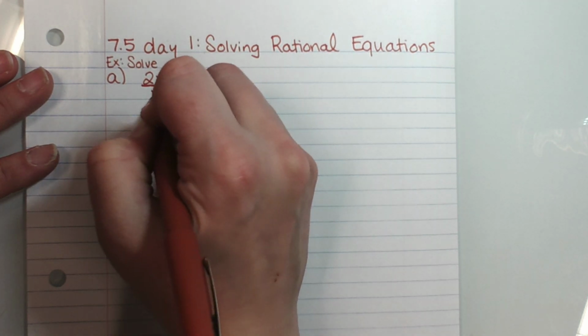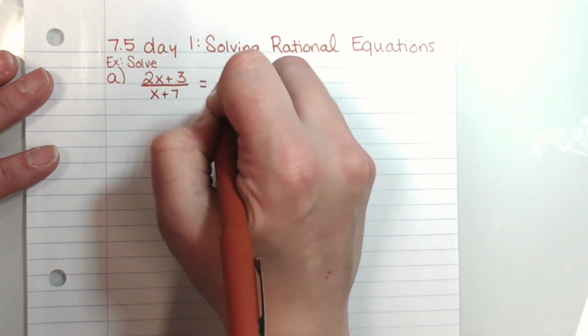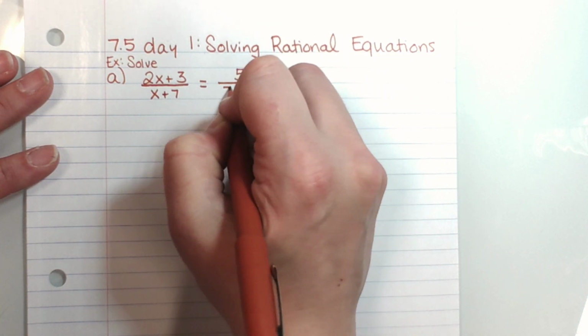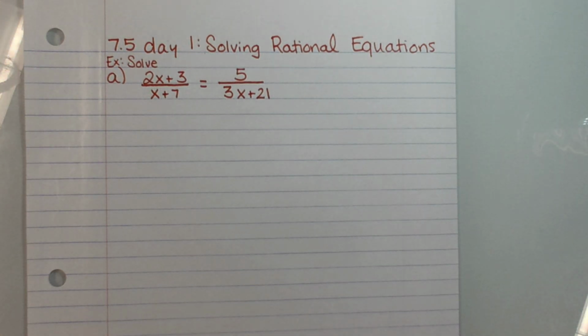And much like other parts of this chapter, you have all the necessary skills to solve rational equations. You've done it before. Now this is one version of a rational equation. This version you saw last year in geometry.